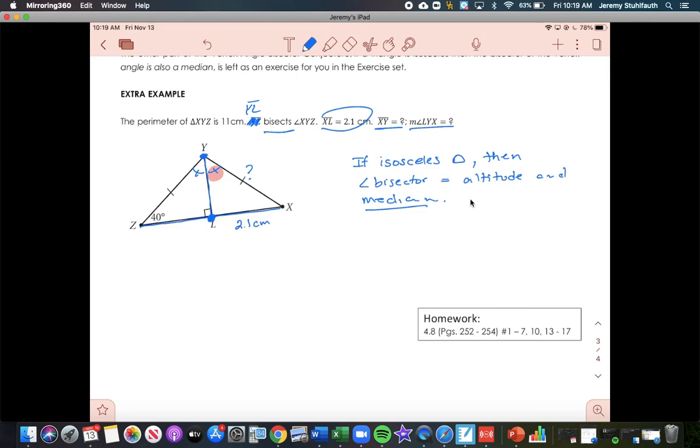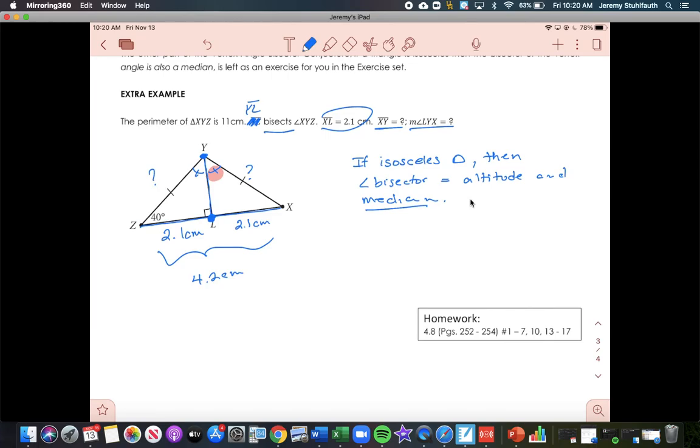So since XL is 2.1 centimeters, ZL has to be 2.1 centimeters. Combined, those two sides are 4.2 centimeters, and since this is an isosceles triangle, the other two sides, YZ and XY, are the same length.